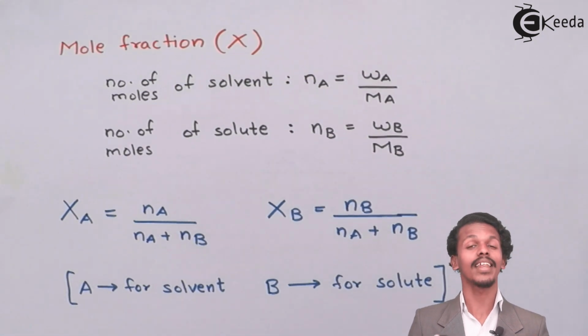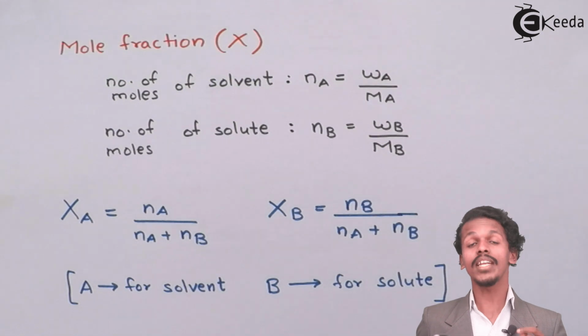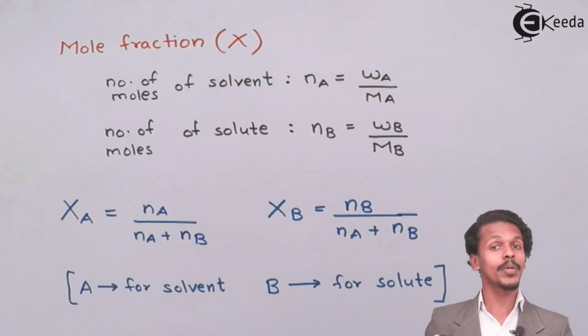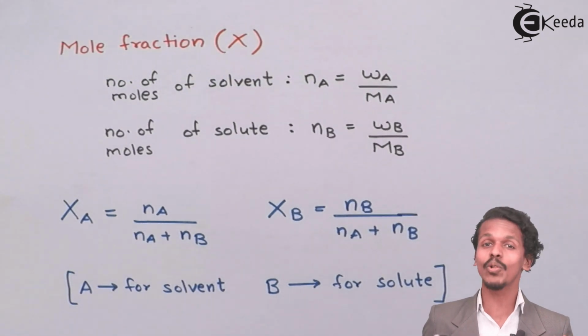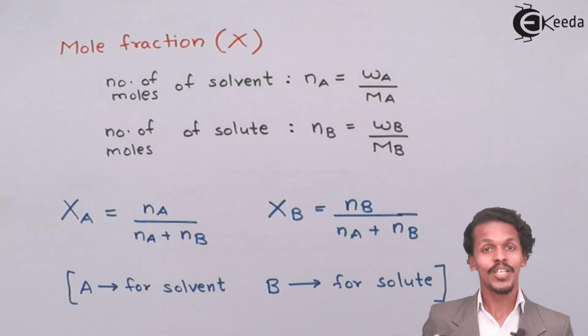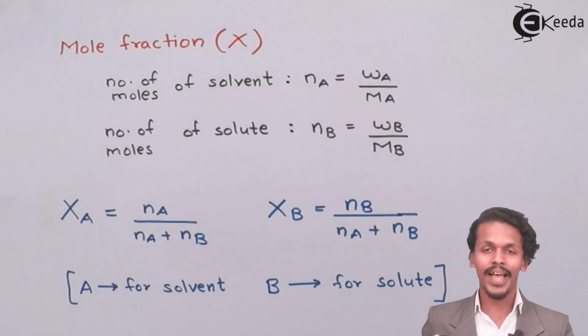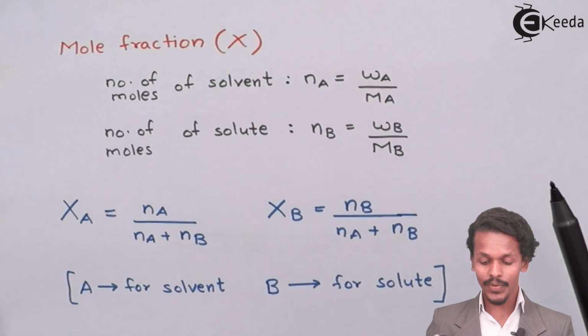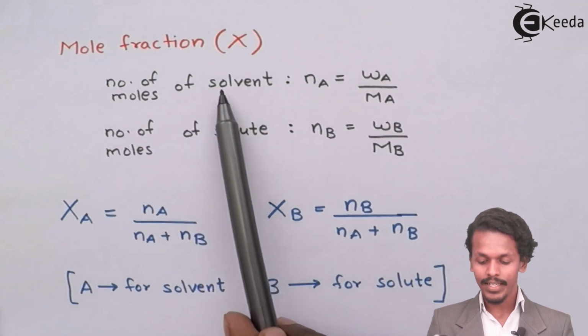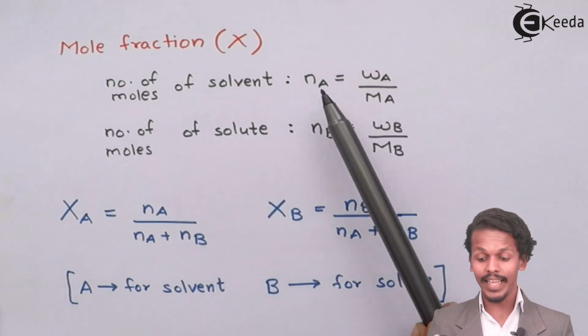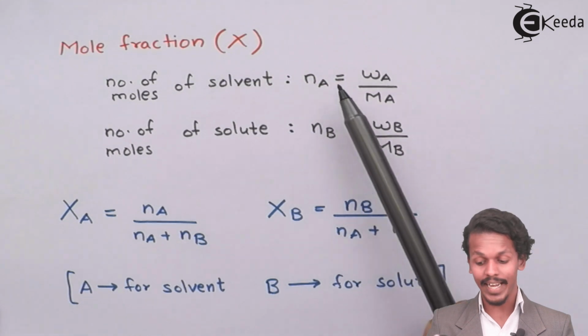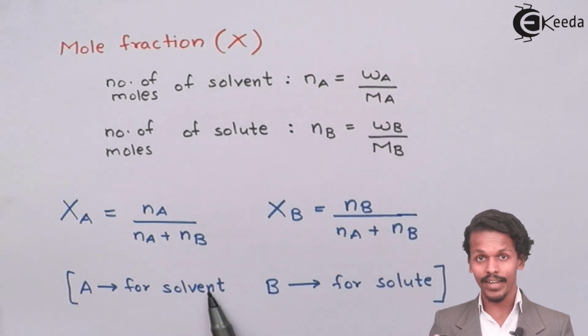But before describing mole fraction, we should know each value present in it, and those are the numbers of moles. The number of moles is distributed for two parts, solute and solvent. Let us see each one by one. The number of moles of solvent is described by Na, where N is number of moles and A is for solvent.